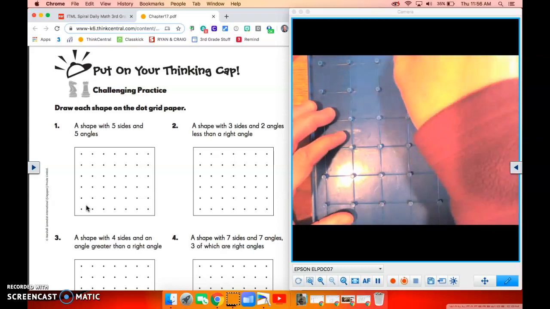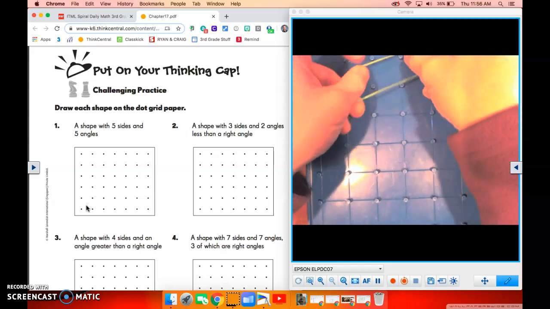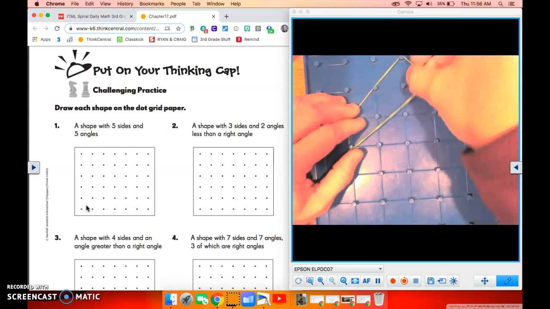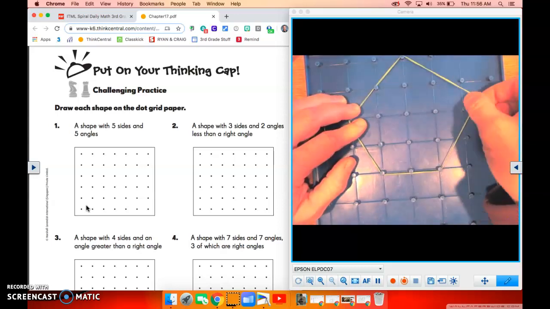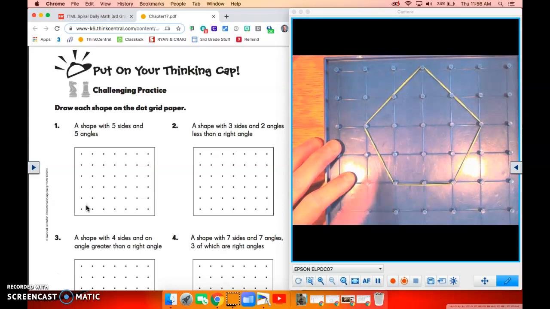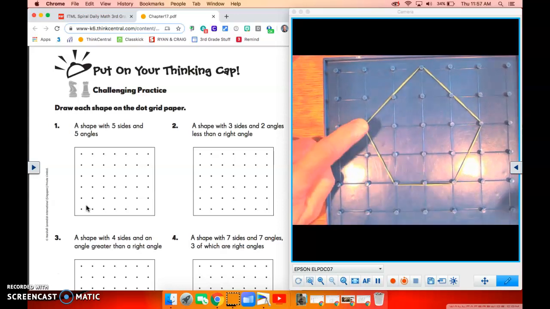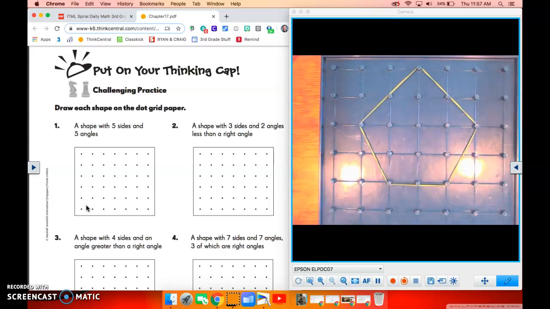Well, that sounds like the pentagon to me, doesn't it? Okay, so I'm going to put one up here. We'll just kind of come that way a couple, and down here, and over there. Okay, 5 sides and 5 angles. 1, 2, 3, 4, 5 sides, and there's 1, 2, 3, 4, 5 angles.